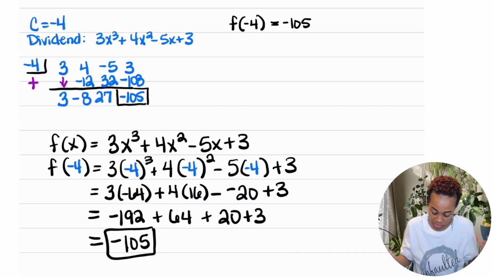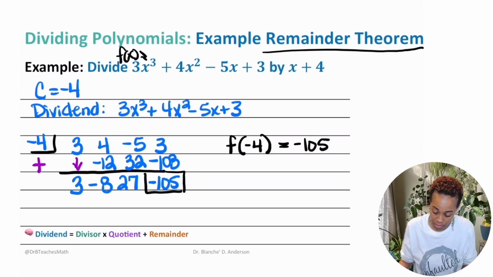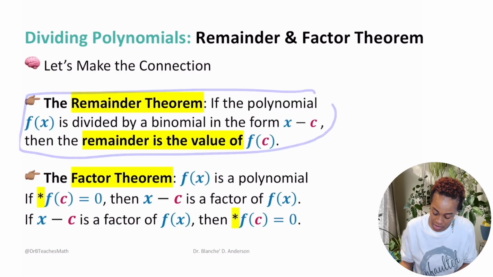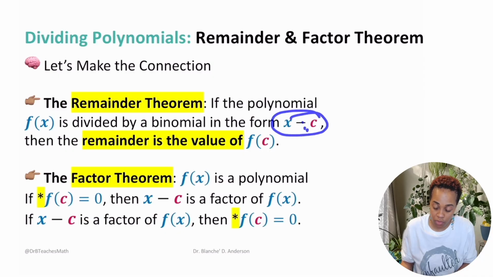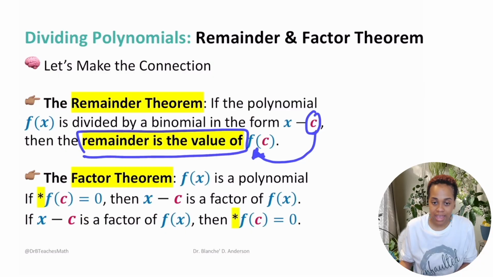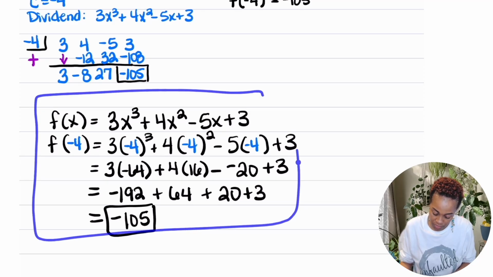That's what they're wanting you to see from the remainder theorem: when you do the long division, and you're dividing by a binomial in this form, if you take that c value and plug it in here, it's going to be the same answer as the remainder when you do long division.